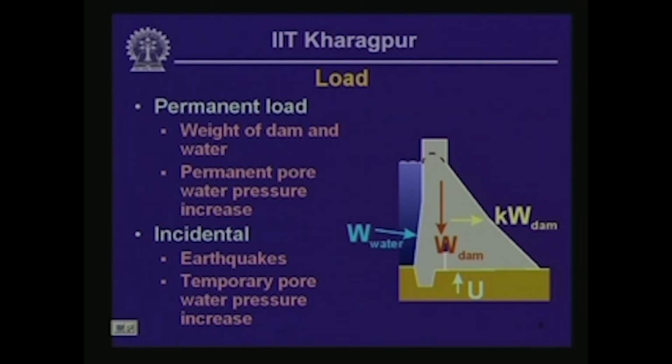This K, the factor K, depends on how strong the earthquake is. So, if the earthquake is very strong, then you are going to have a large value of K. It could go up to say 0.3 or 0.4 or 0.5 even. If you have a smaller earthquake, then K is going to be much smaller. Typically K could be 0.1 or 0.05 or that kind of number for smaller earthquakes.